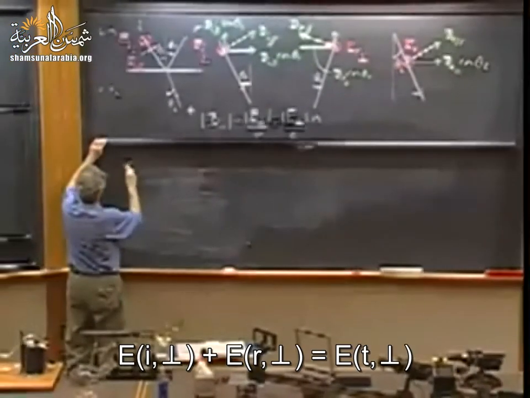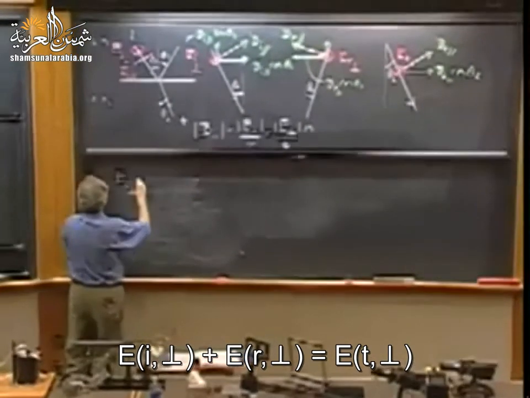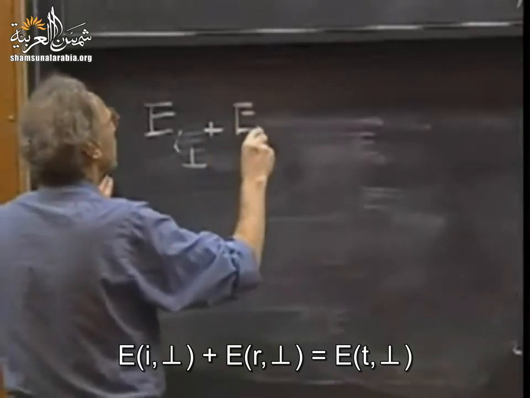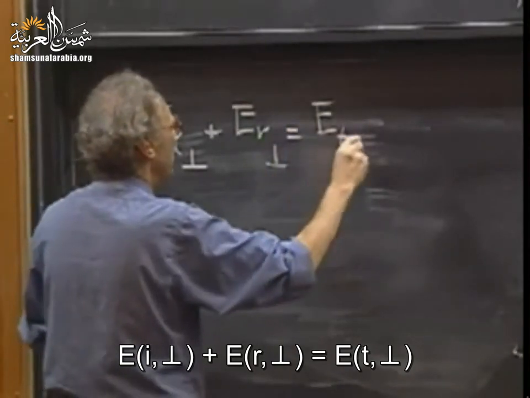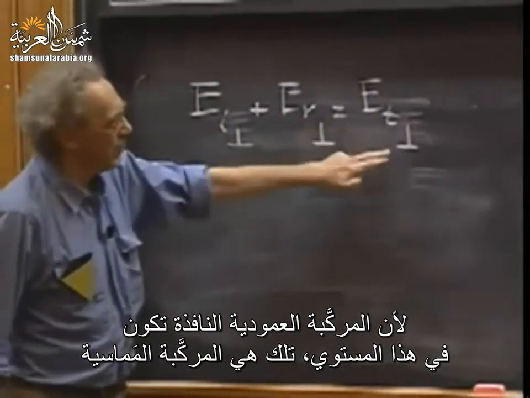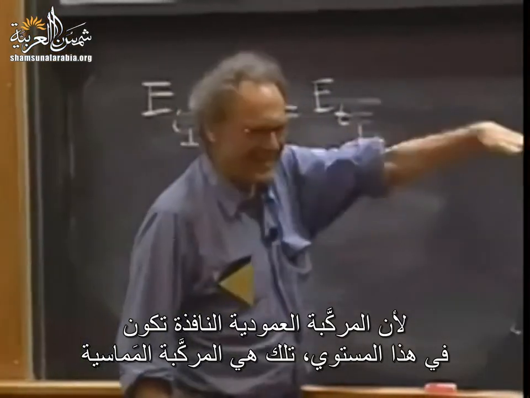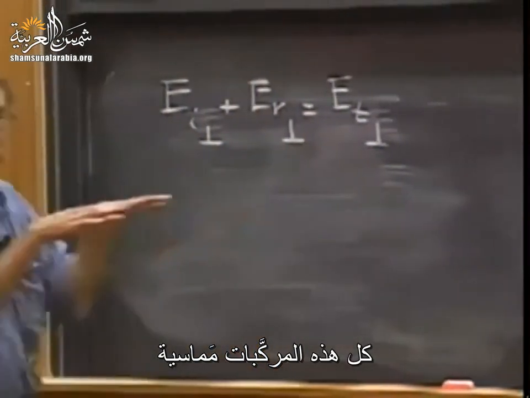So we get E incident perpendicular plus E reflected perpendicular must now be E transmitted perpendicular. Because transmitted perpendicular component means in this plane, that is that tangential thing. All these components are tangential.